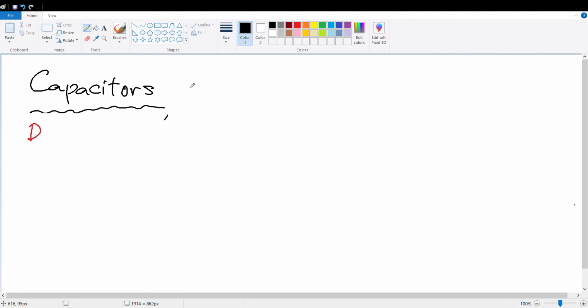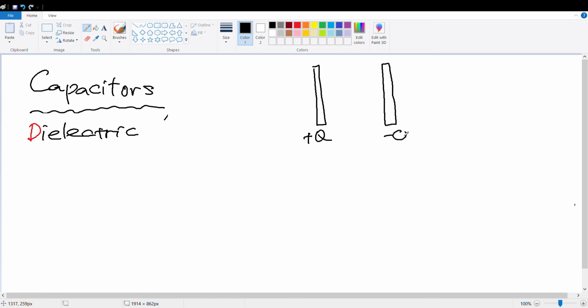Dielectric. So assume I have a capacitor, which is two plates. Just now, what we have is the free space which lies between these two plates.